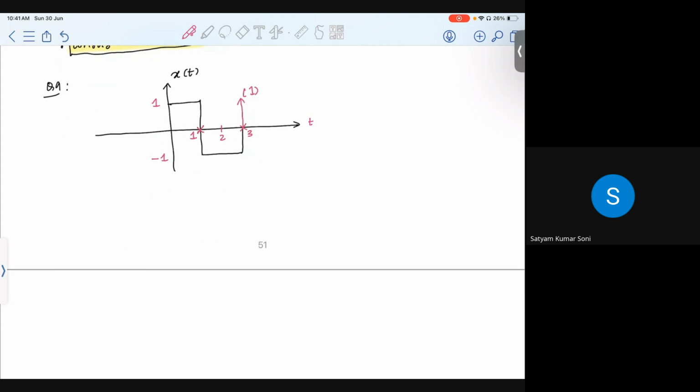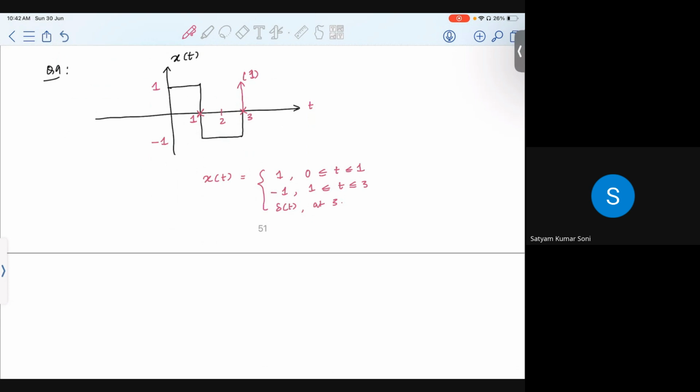So the signal is defined like this. x of t is defined as 1 from 0 to 1, and minus 1 from 1 to 3, and there is a delta function defined at 3, and 0 otherwise. So this is the given signal.